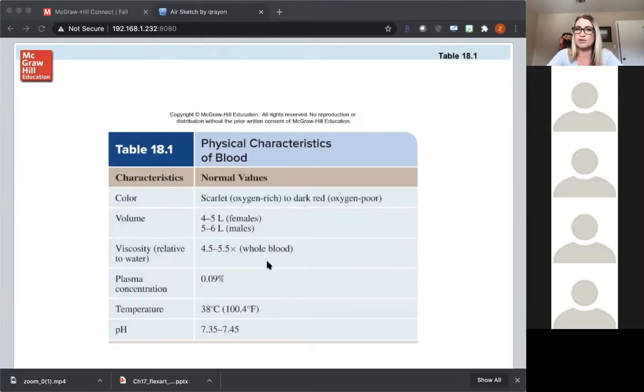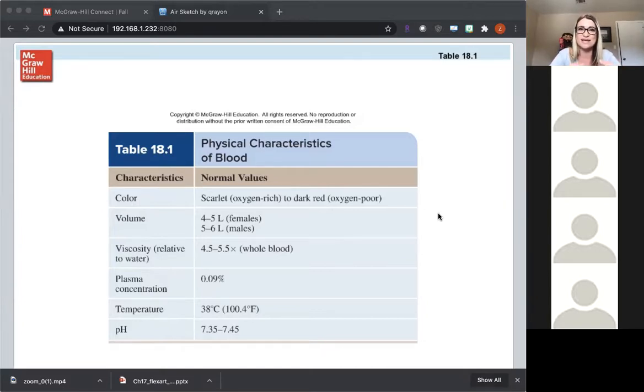Since I mentioned blood plasma, whole blood is composed of 2 main parts. Actually, when you look at whole blood in a test tube, it will be divided into 3 parts, but in general, blood is divided into 2 main components. These are your formed elements, which include the solid particles. These are cells like your white blood cells, your platelets, and your erythrocytes.